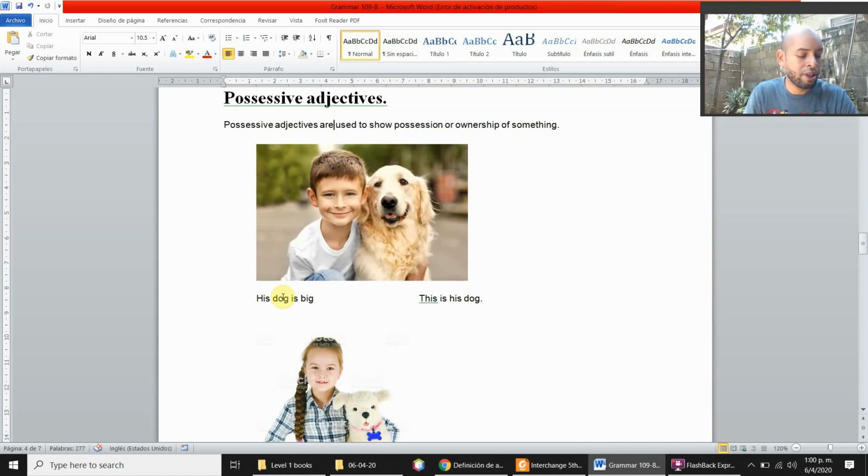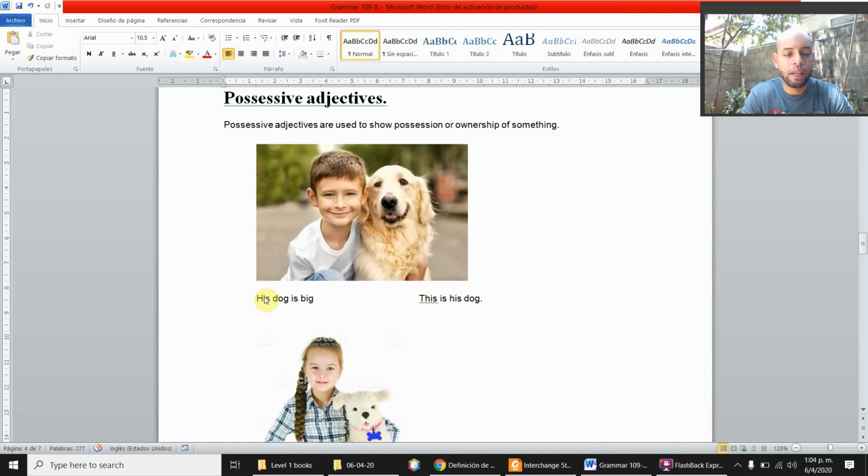It can also represent relationship with other people. For example, my mother, my friend. It doesn't mean that they belong to me, they're not my property, but it represents a relationship, the relationship you have with them. Here we have some examples.